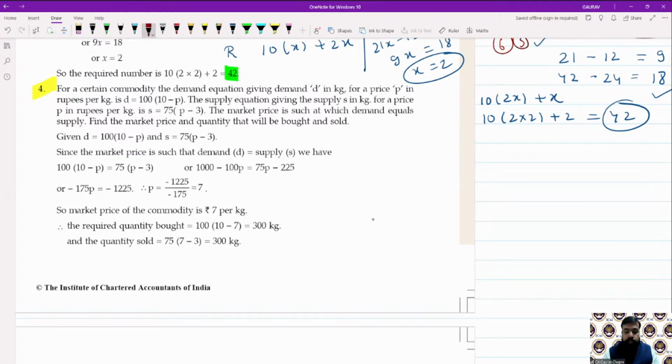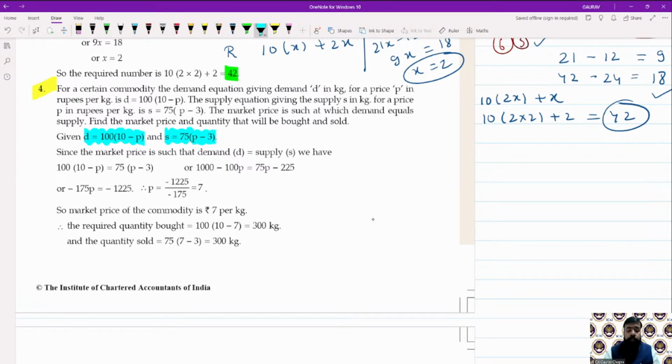The demand equation, D equal to 100 into 10 minus P, and then the supply equation is also given, S equal to 75 into P minus 3. These are the two equations.